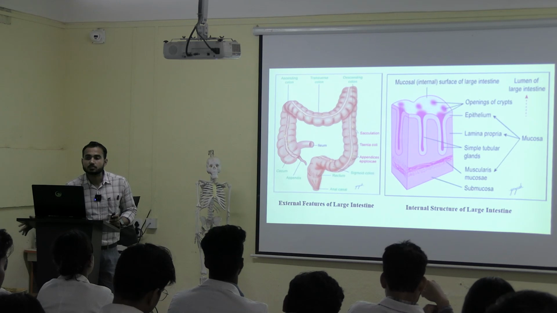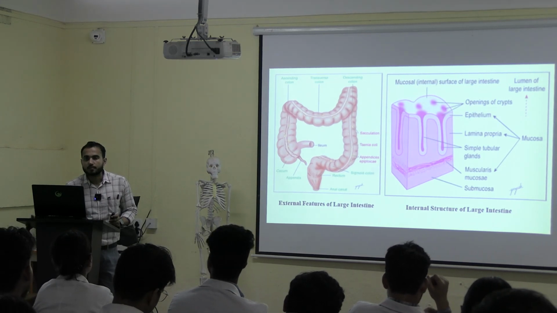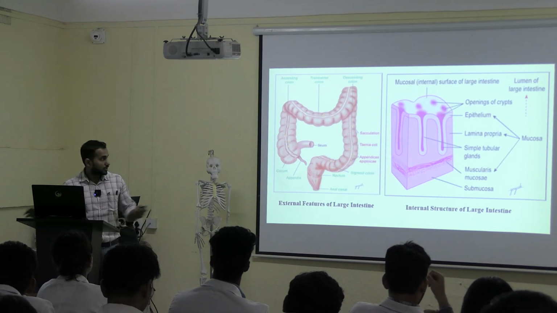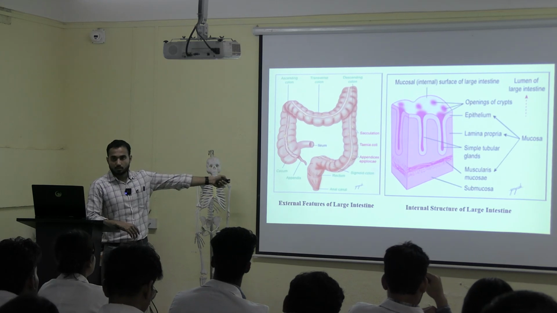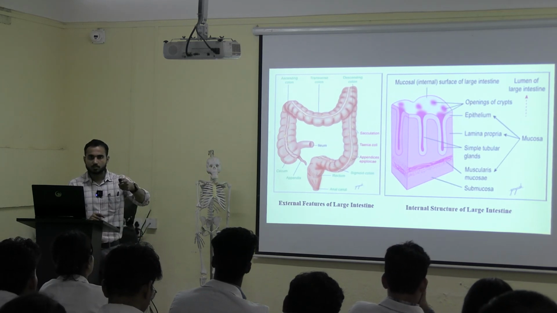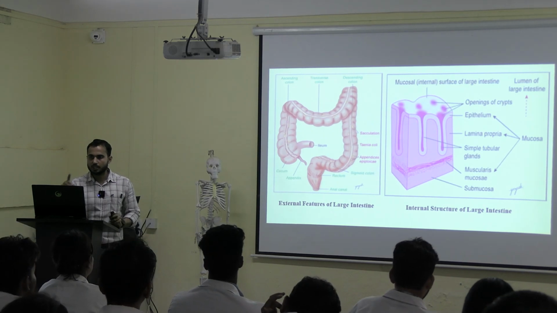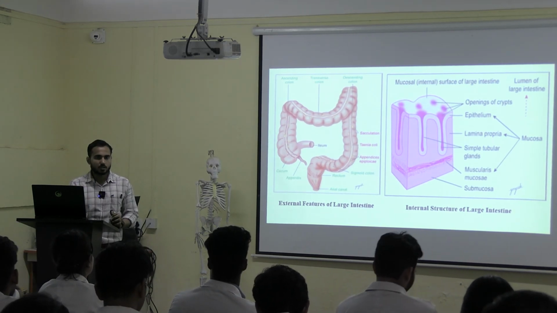What is taenia coli? How is it formed? See here you can see the taenia coli. I hope you have seen the taenia coli, right? We know the muscularis externa has two layers, inner circular and outer longitudinal.